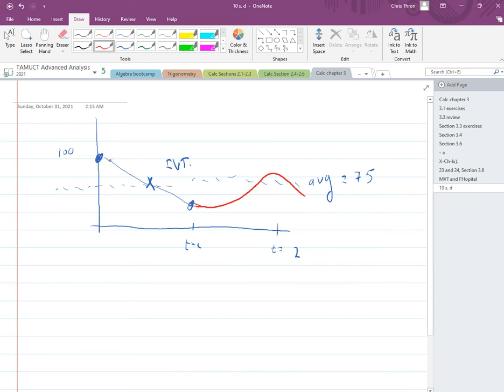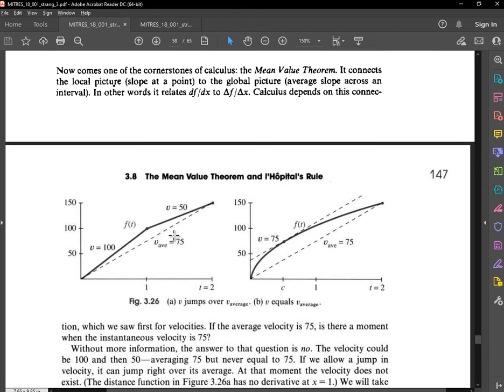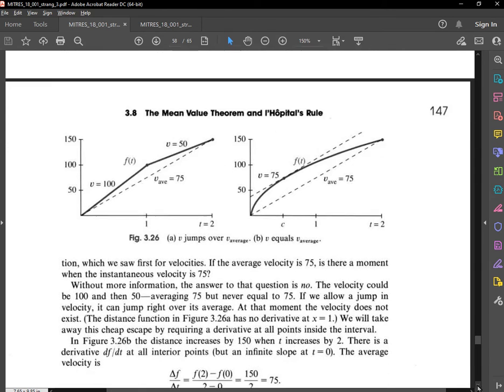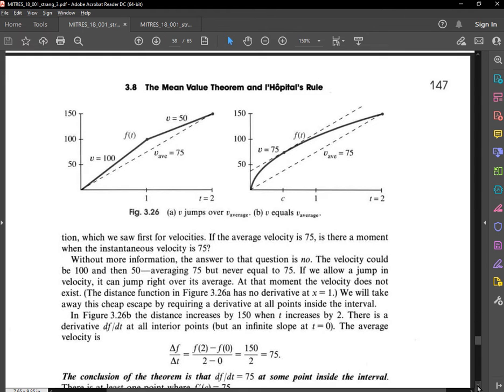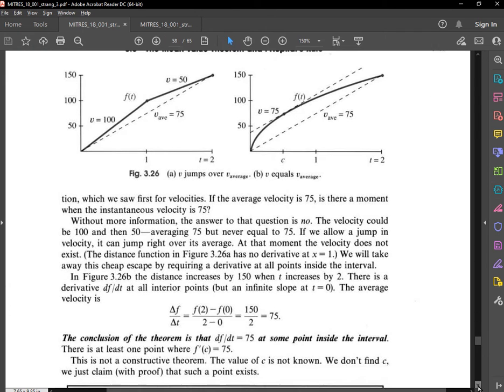If you think the total area under this curve here is the same as the area under this rectangle, then that's the same thing as saying that the average value of this function is 75. All right. But it's got to cross at some point. Right. So that's your mean value theorem. The mean value of the velocity must be equal to the velocity at some point in between.